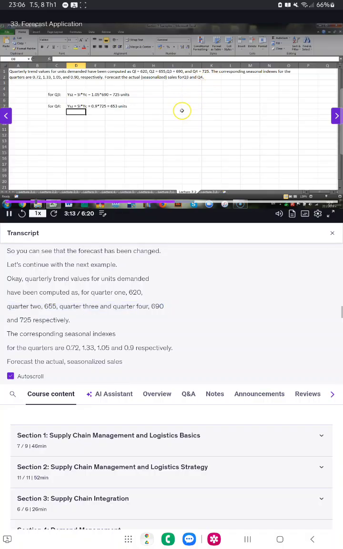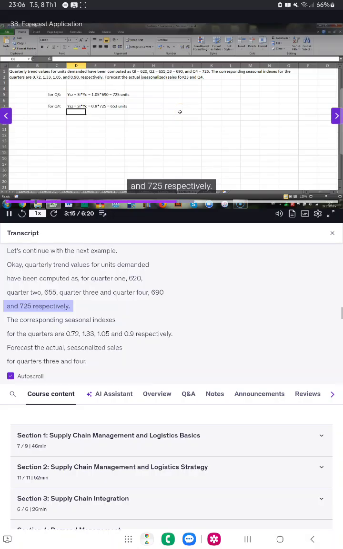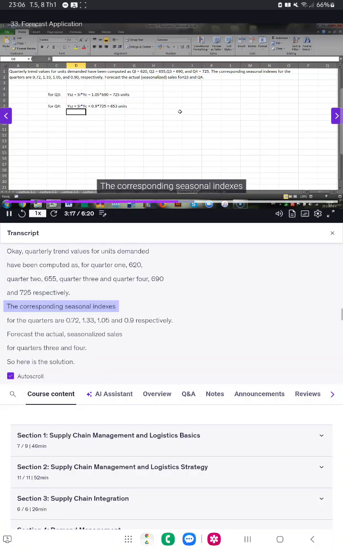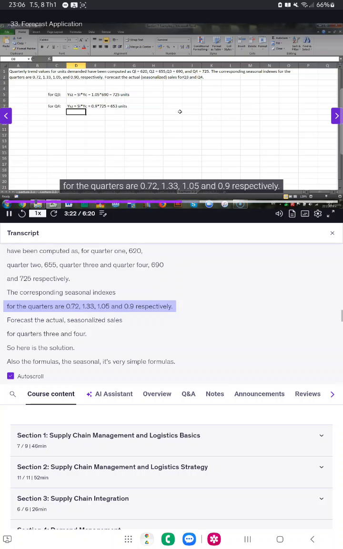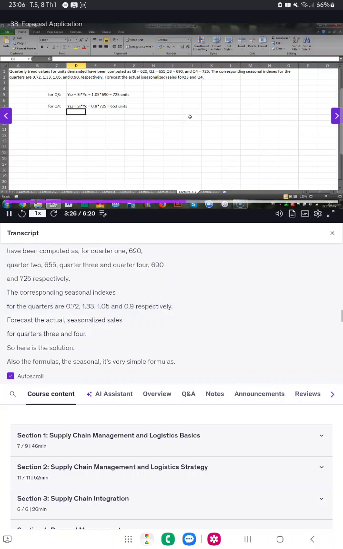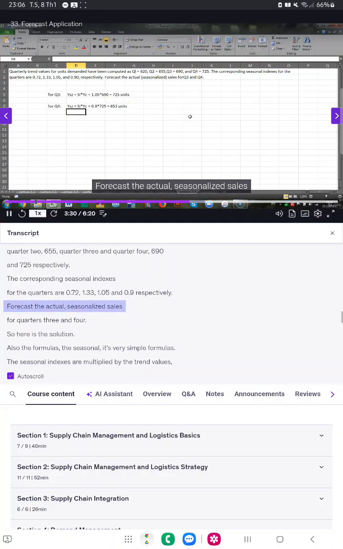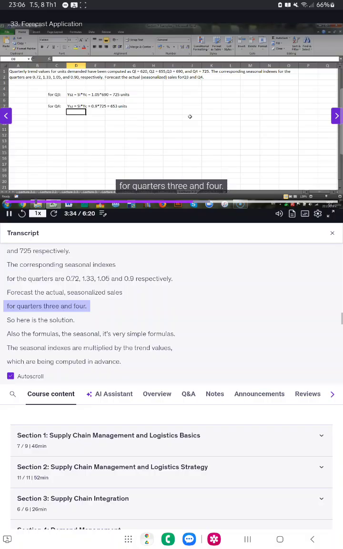The corresponding seasonal indexes for the quarters are 0.72, 1.33, 1.05, and 0.9 respectively. Forecast the actual seasonalized sales for quarters 3 and 4.